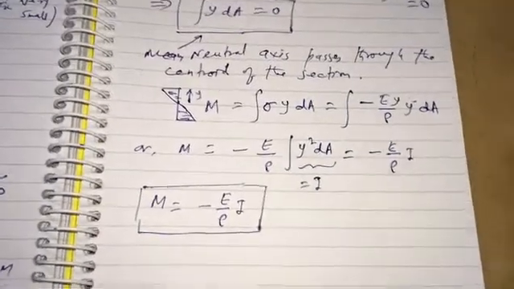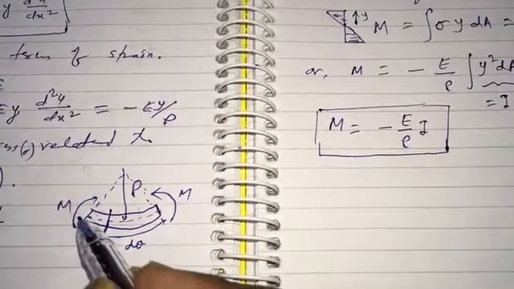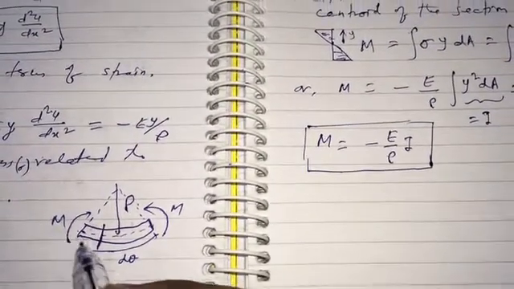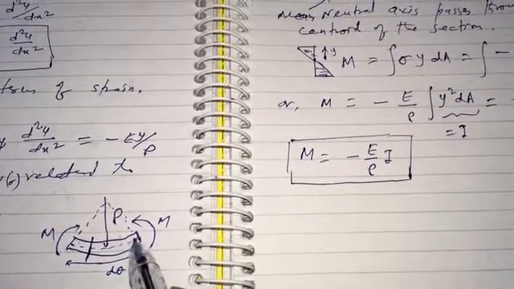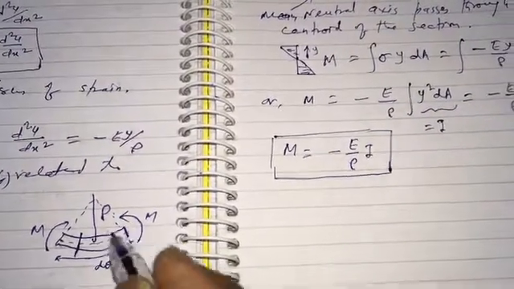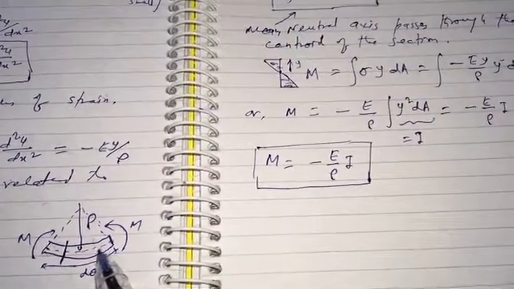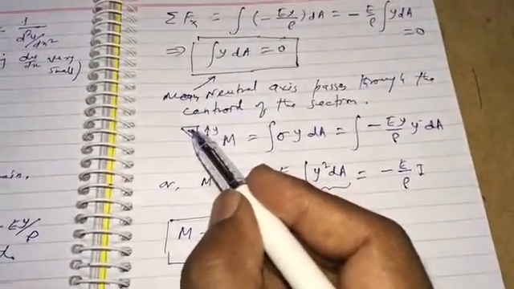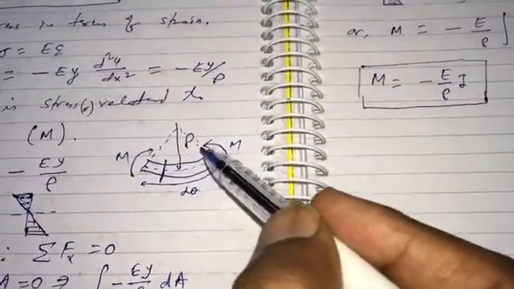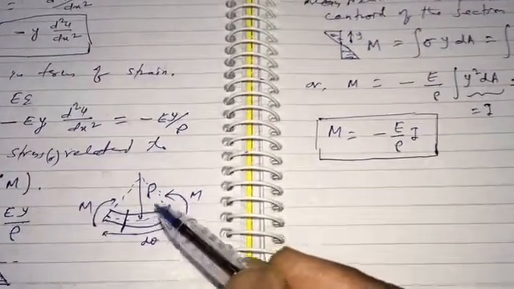However, we have to do a small correction, because the convention of M is that a sagging condition, something like this, which is anticlockwise at the right end and clockwise at the left end, is assumed to be positive M. And remember that the stress here is negative because it is compressive; when you are bending like this, the above fiber will be in compression, hence the stress will be negative.